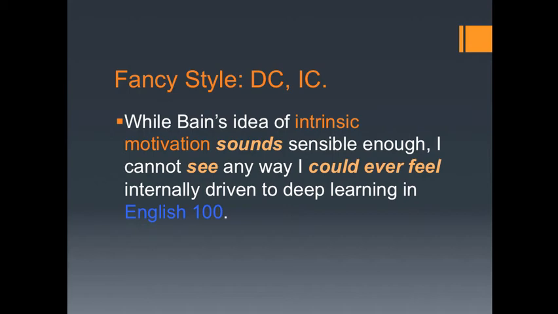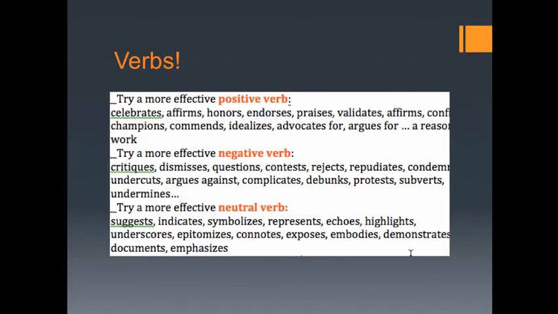So that's kind of a cool structure that you can think about using if you want to go fancy, if you want to challenge yourself to upgrade your style a little bit. Notice how it involves using 3 different verb structures, because really you've got 3 different clauses embedded in this sentence. So that's a third approach you can think about, a little bit of an upgrade using some subordination.